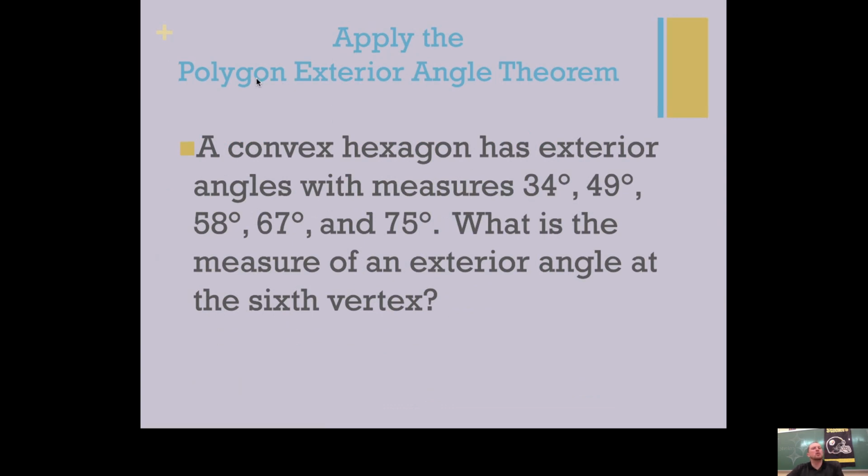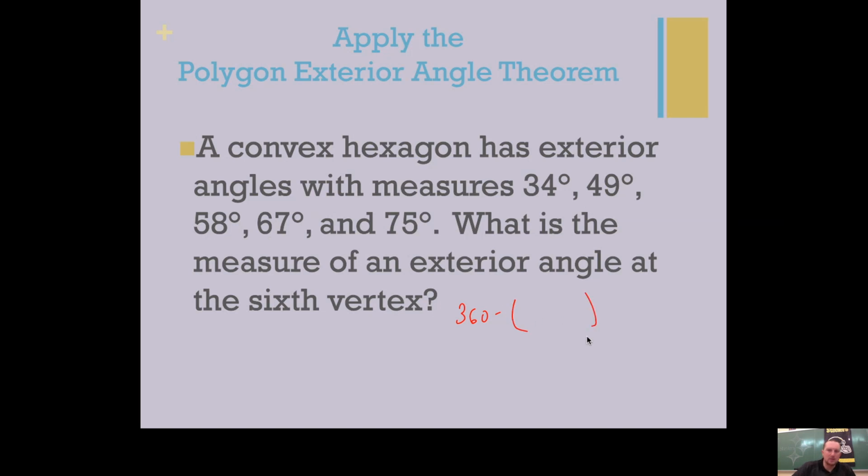Okay, so let's apply the Polygon Exterior Angle Theorem to this word problem. A convex hexagon has exterior angles with these measures: 34, 49, 58, 67, and 75. What's the measure of an exterior angle at the 6th vertex? Well, we know all 6 angles add up to 360. So let's subtract away those 5 angle measures that we know.